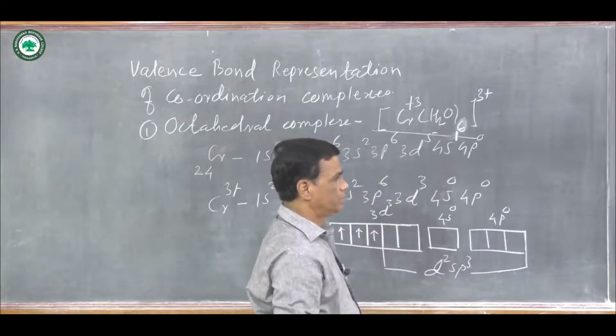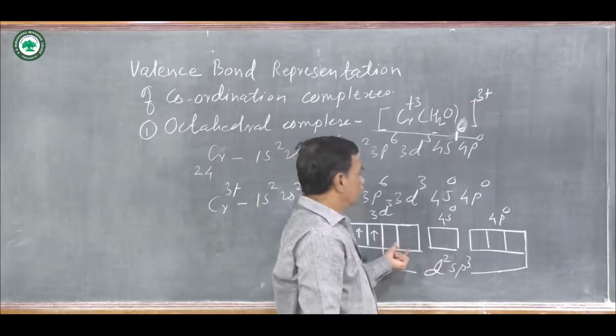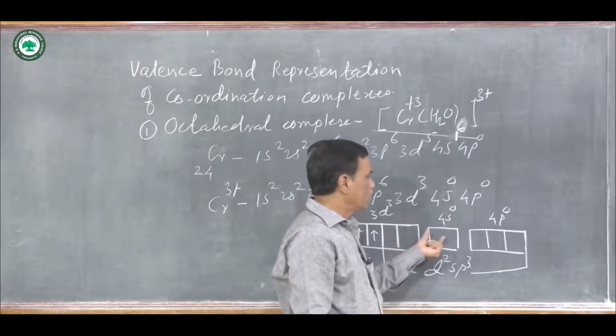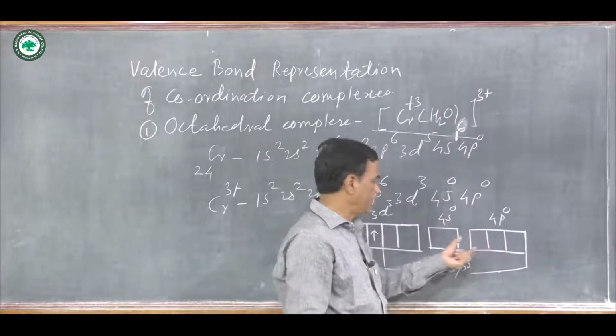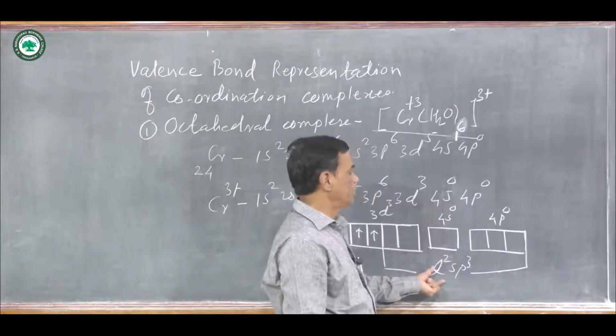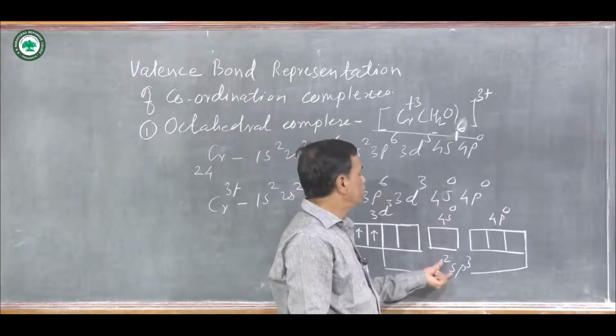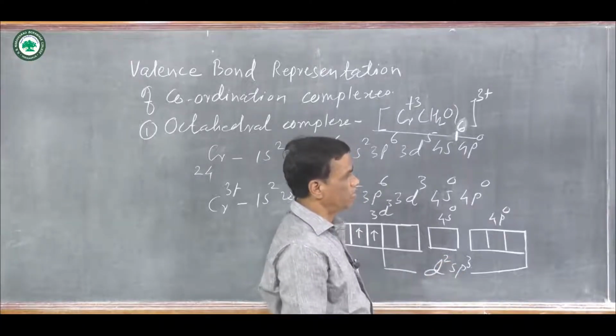Due to d2sp3 hybridization, two 3d orbitals, one 4s orbital and three 4p orbitals overlap, and there is a formation of 6 equivalent d2sp3 hybrid orbitals.